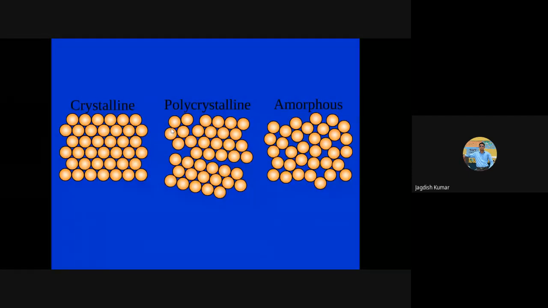The atoms of hydrogen are arranged in a specific manner around the carbon atom. That we may call local order. So methane molecules will all be identical. But when you consider many molecules of methane taken together, they may not have a well-defined periodicity, where one molecule is repeating after another after a certain specific distance.